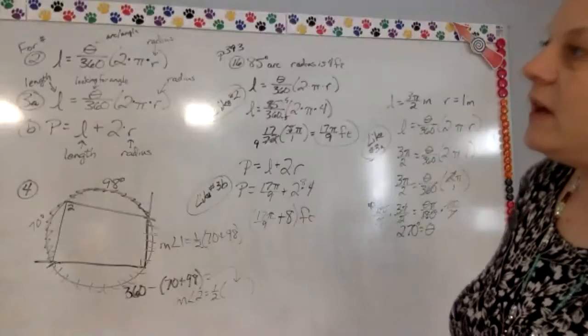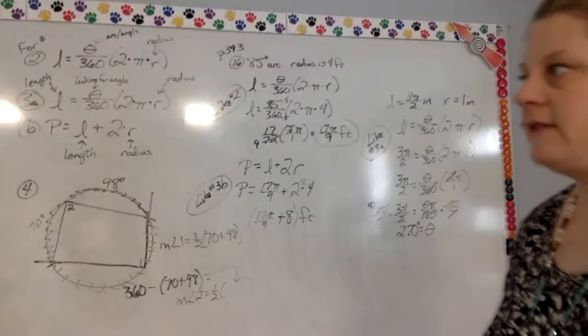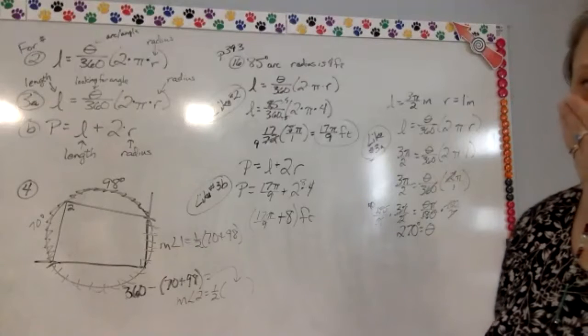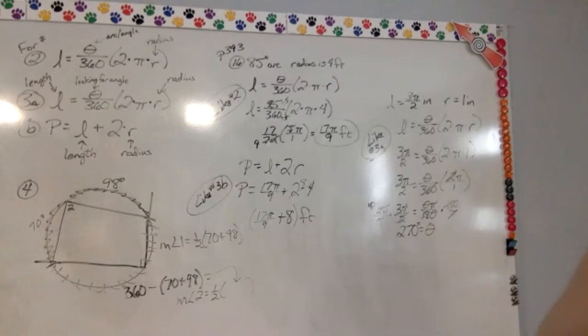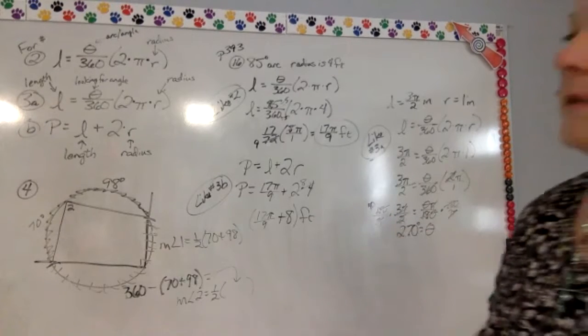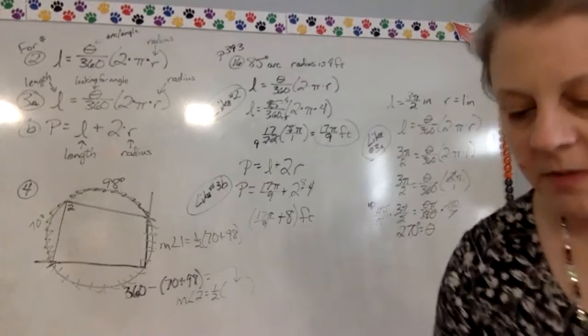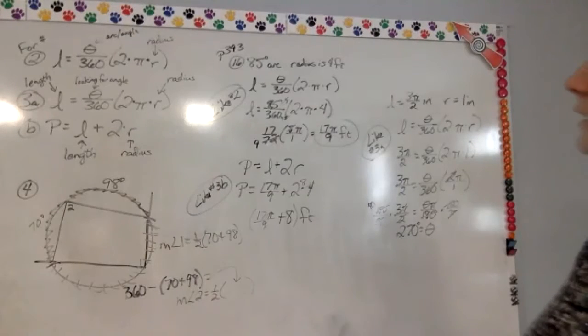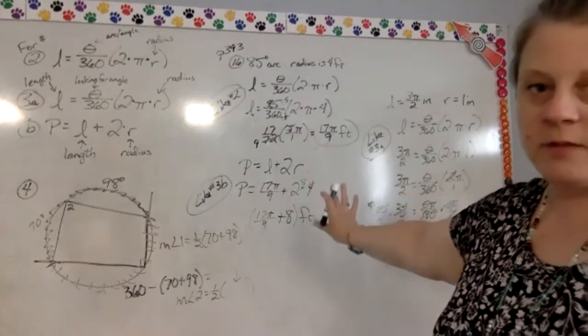Now, I went over stuff that you needed for 1, 4, 5, 6, 7, 8, and 9 yesterday. Now, if you weren't here yesterday or you didn't get them written down, I still have that up on the board. Some of you were still having a little bit of trouble with that. So I'm going to talk about that a little bit more. And then, does everybody have this part down there that they need for these problems?